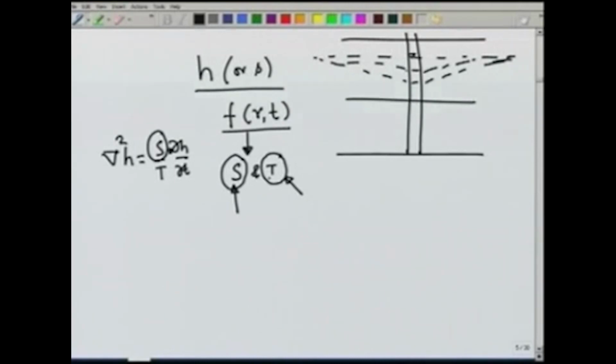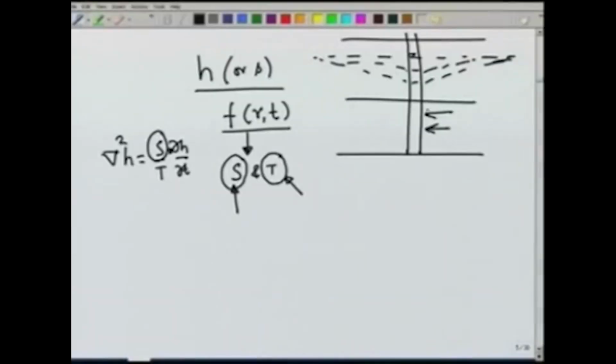So, we will now look at the transient flow, radial again towards a well. All the other assumptions will still be valid.